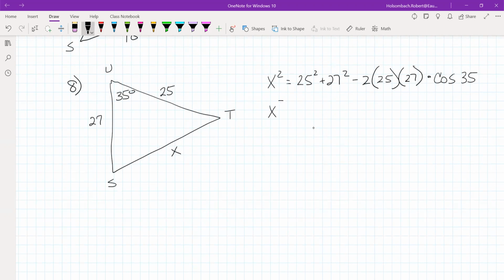So x squared is equal to 25 squared plus 27 squared equals 1354 minus 2 times 25 times 27 times 35 cosine equals 1105.9.